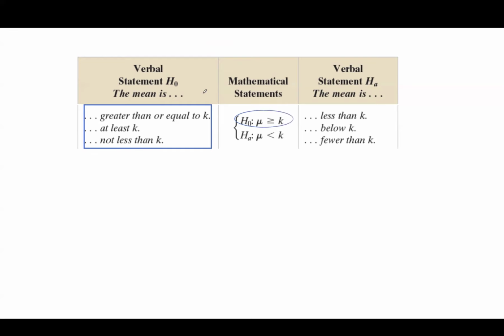In this case, we write H sub 0, mu or population mean is more than or equal to K. However, if another set of keywords is given in the question, less than, below, fewer than, it means that your alternative hypothesis is given. H sub A saying that mu, the population mean, is less than K.